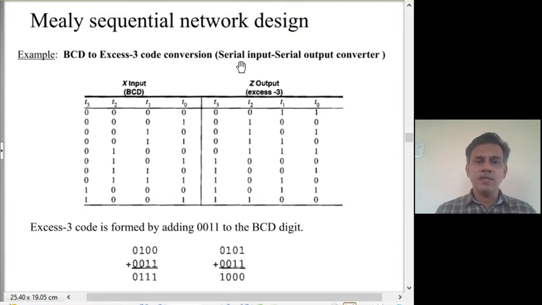So therefore it is a serial input, serial output. Imagine we have a black box to which we feed an input 1 bit at a time. We will call it the X input. We have an output, call it the Z output, which is supposed to give out the XS3 number.